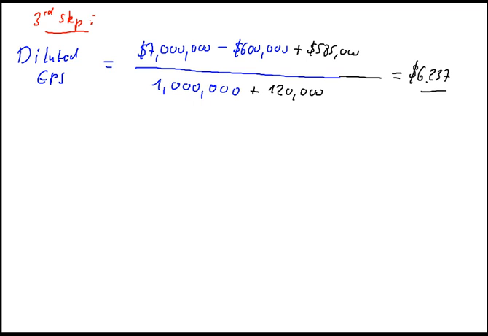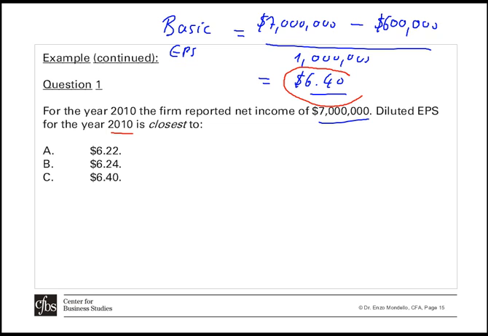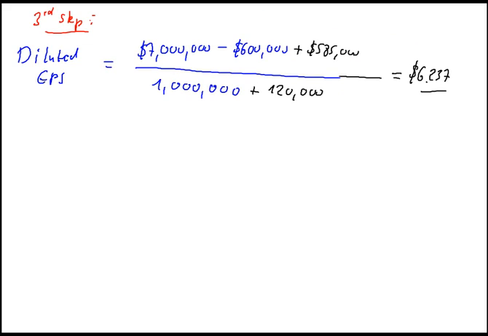And we see now the EPS figure calculated of $6.237 is lower than the basic EPS figure we have calculated of $6.40. So we know, therefore, that the convertible bond is dilutive because its inclusion has lowered the EPS figure.